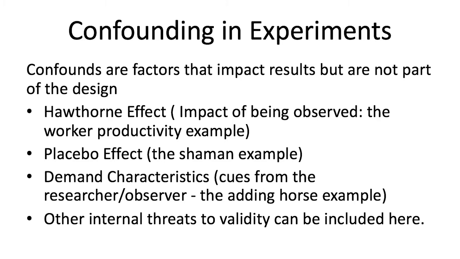Fascinating listen. Third, we have demand characteristics, which are basically cues from the researcher or the observer that lead the participant to do what you want them to do. The most famous example of this is a story about a horse that purportedly could add. You would give it a problem and it would stomp its hoof multiple times to tell you the right answer.